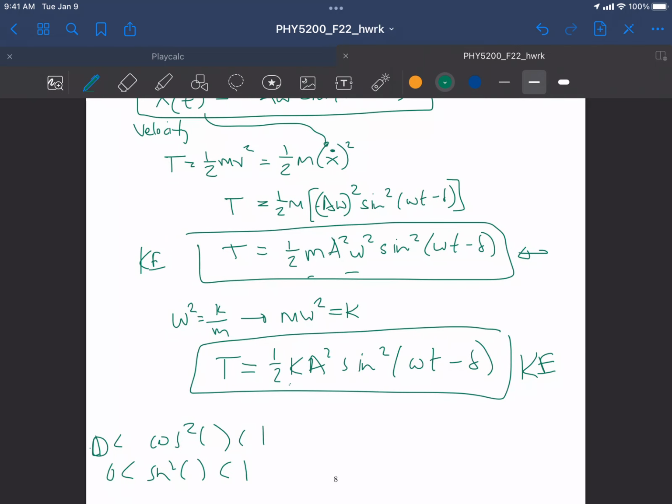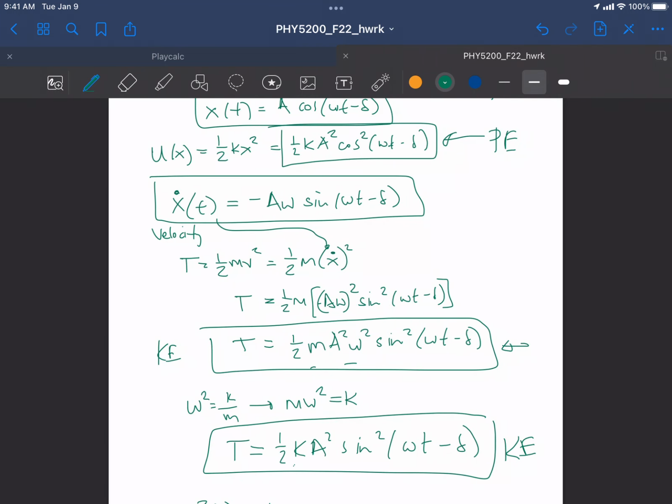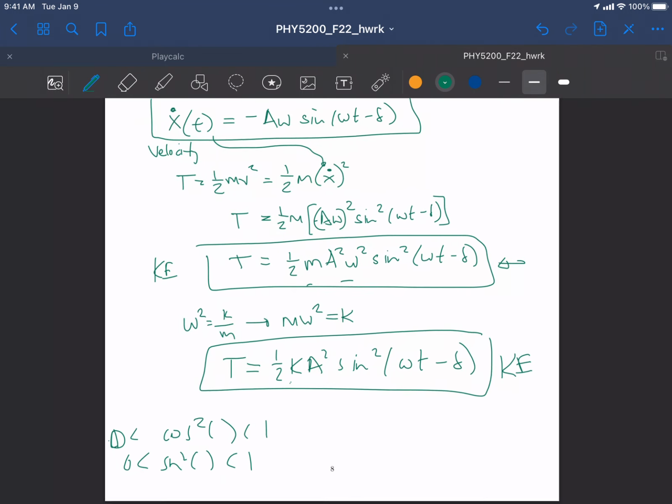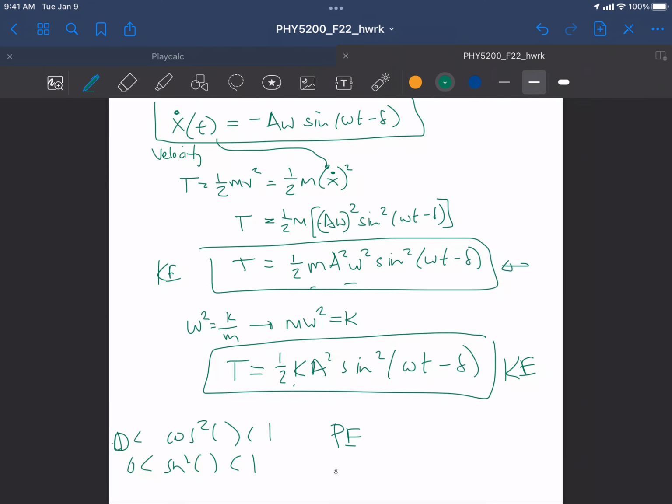So then we see from these two equations, the potential energy and the kinetic energy oscillate, just because here are the explicit forms. They oscillate between 0 and 1/2 k a squared.